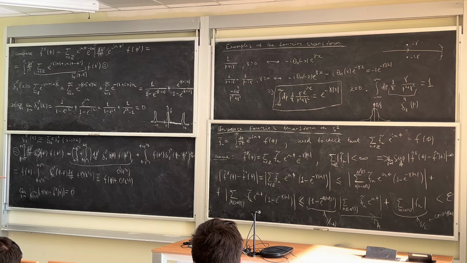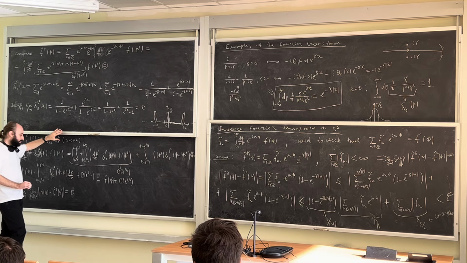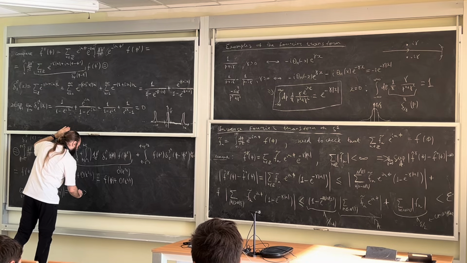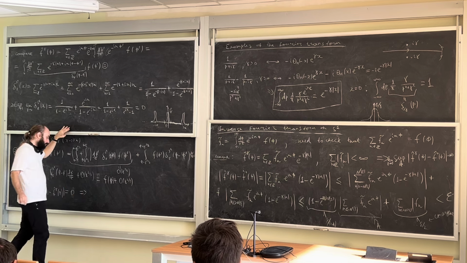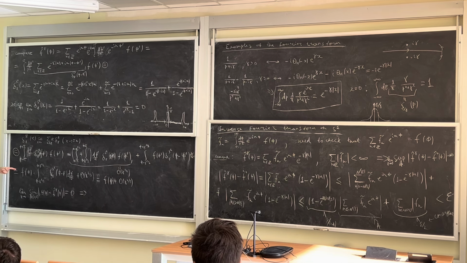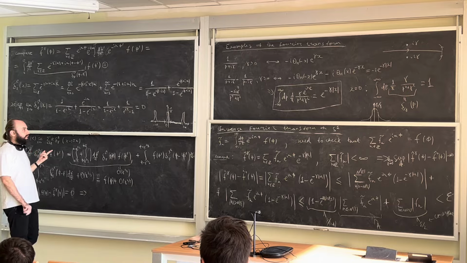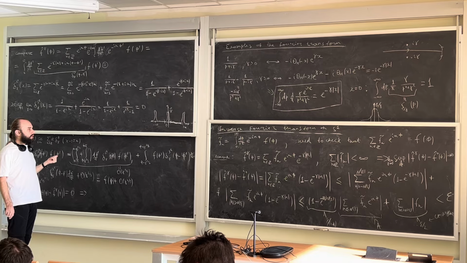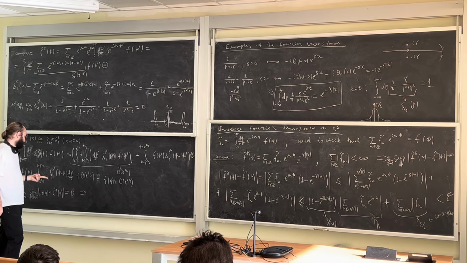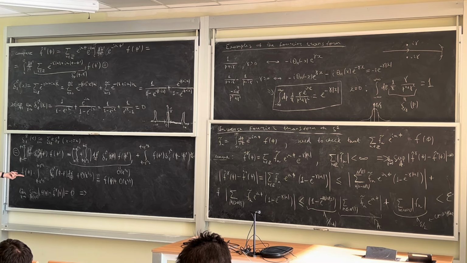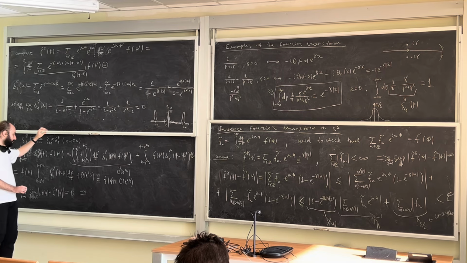So it means that the Fourier transform of our function converges uniformly to the original function.